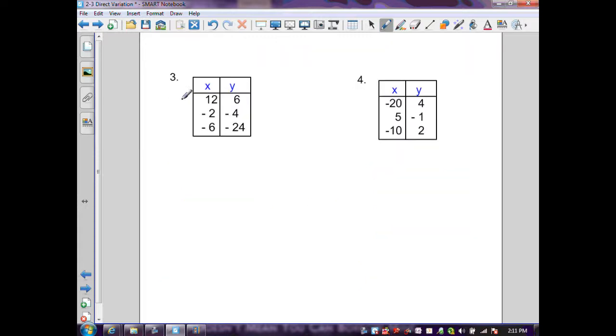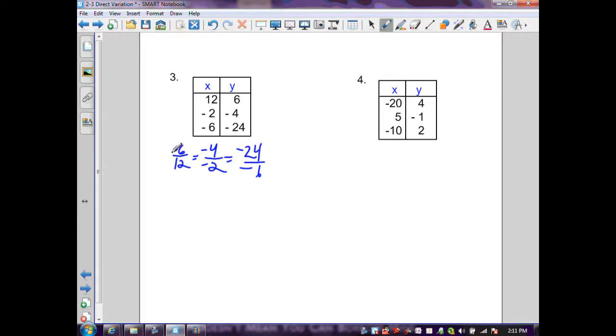Our next example, set up the same situation, have our y's over the corresponding x's: 6 over 12, -4 over -2, -24 over -6, and now we want to test if they are equal.